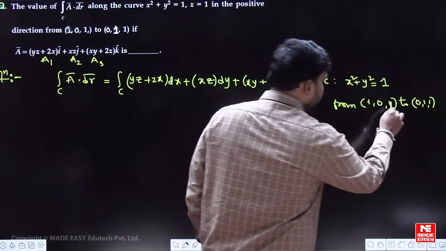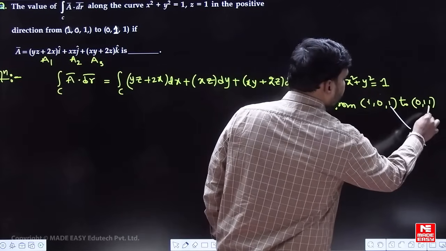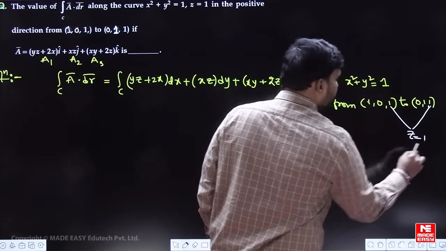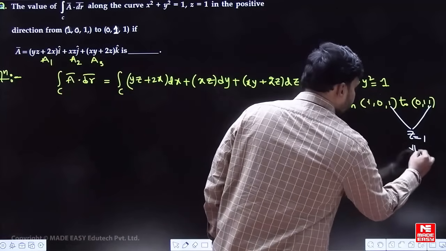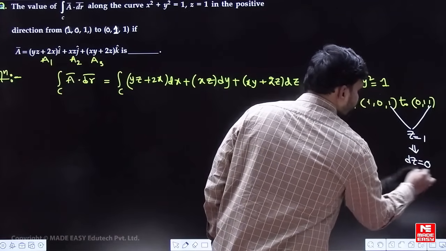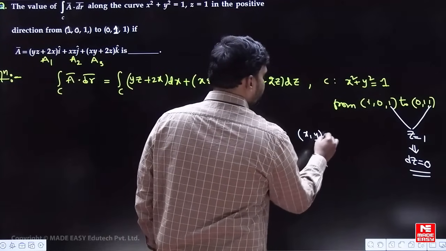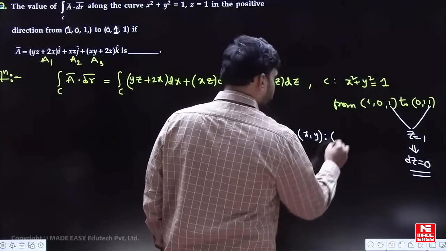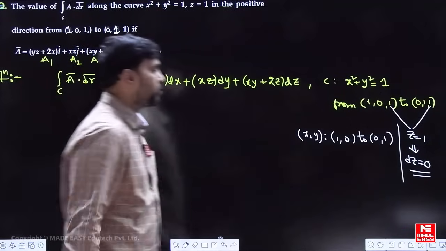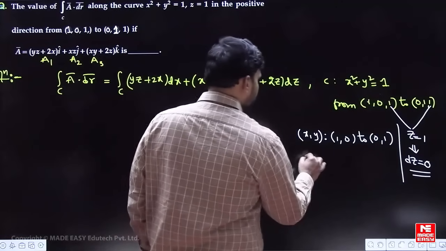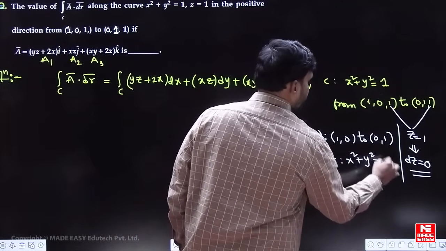अब इन दोनों पॉइंट से आपको एक पॉइंट समझ में आ रहा है ना? What do you understand from these points? Here z is equal to 1, so z is fixed. z is equal to 1 means, can I say dz is equal to 0? dz is equal to 0, and x comma y varies from (1, 0) to (0, 1) along the circle x square plus y square is equal to 1.